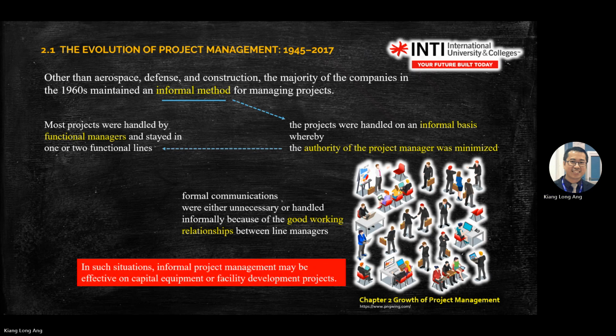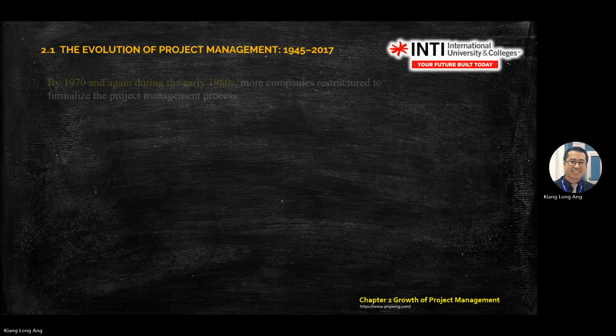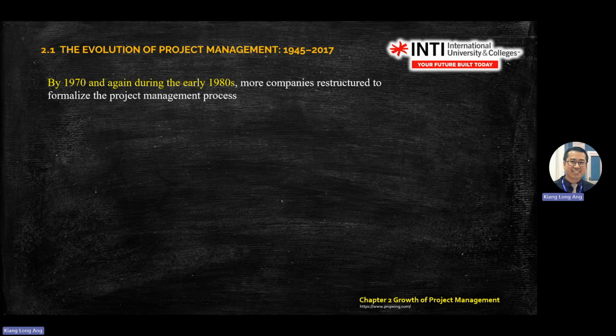This situation also happens in 2023, in small factories or small SMEs, where the project manager uses good relationships to make sure the project succeeds. So 1940s throw over the fence, 1950s and 1960s informal communication.